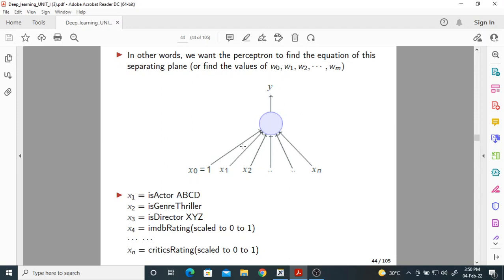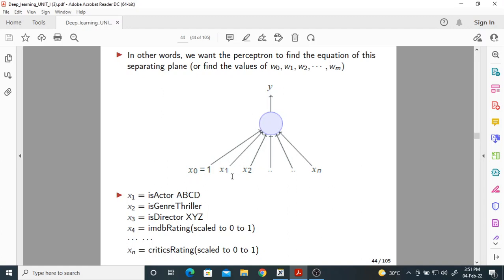Here in the perceptron we have n inputs. x1 is an actor, some ABCD actor. x2 is the genre of the movie, thriller. x3 is the director of the movie, some XYZ director. x4 is the IMDb rating, scaled to between 0 and 1. Lastly, x5 is a critics rating, 0 to 1. So I have taken all these factors into consideration to predict whether to watch a movie or not.